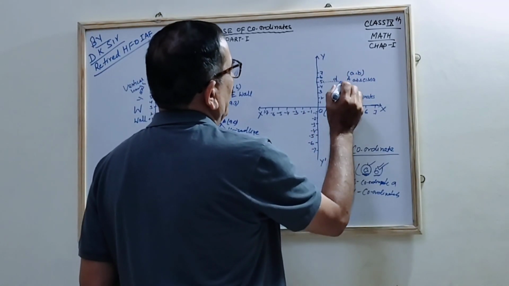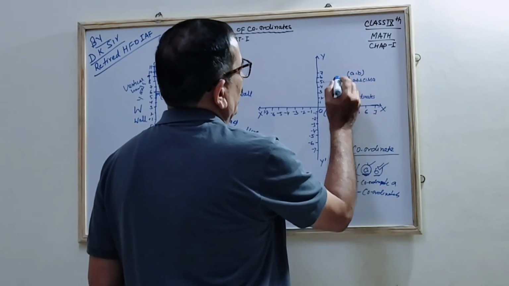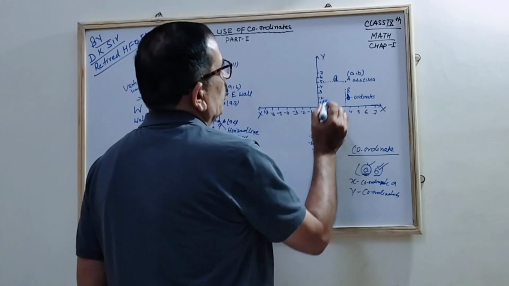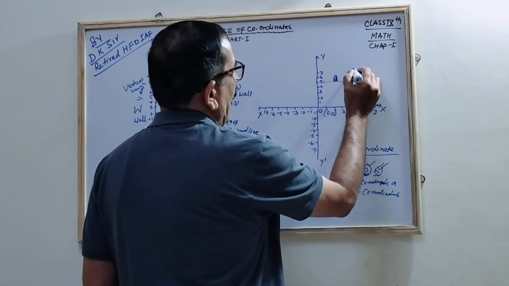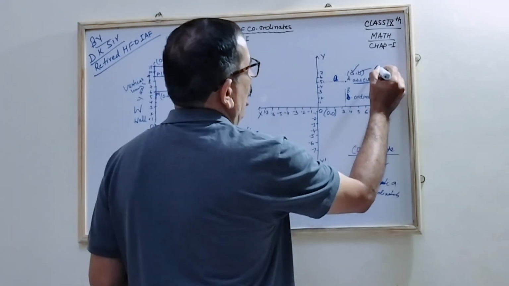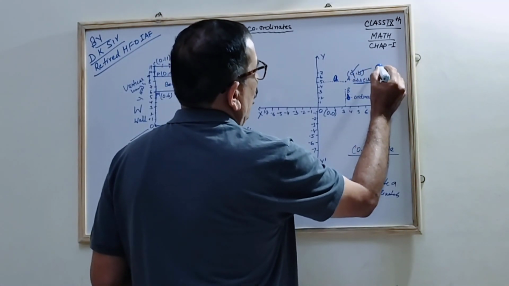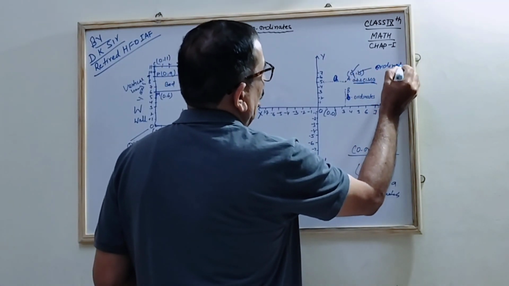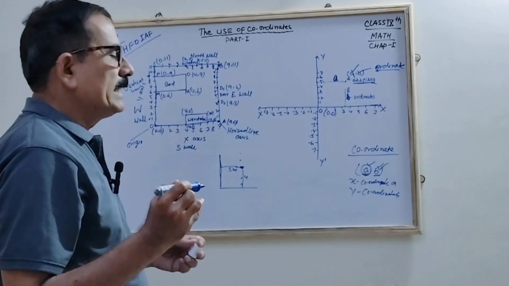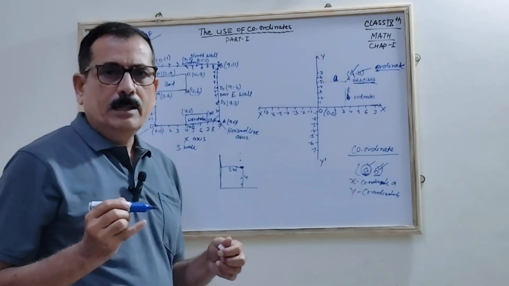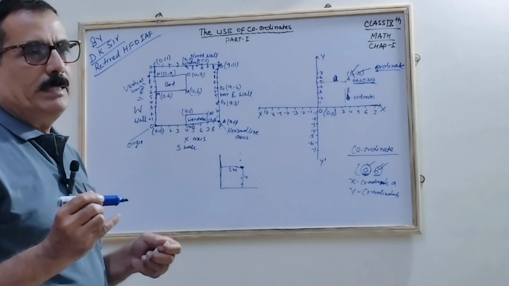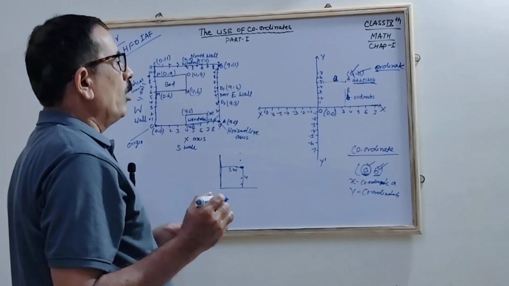If I take it, this becomes a and this becomes b, correct? So this a is called the abscissa, and b will be called the ordinate. In combination we say it is the coordinate. Individually, the x coordinate is called the abscissa and the y coordinate is called the ordinate.